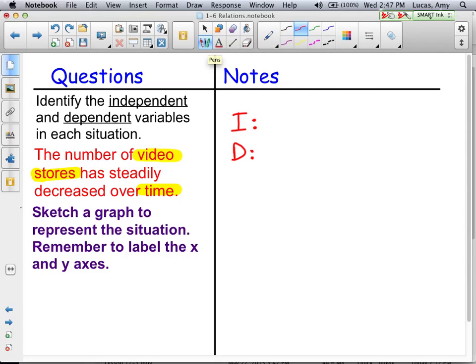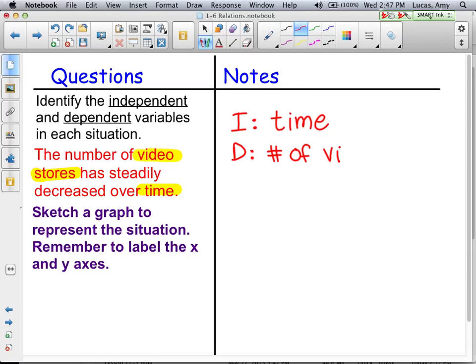Time is continuous. Think about when you make a timeline for something: you typically draw a horizontal line, you start on the left, you move to the right, and you show what's happening over time. So my independent variable is going to be time, like the number of years. Then the number of video stores depends on time.